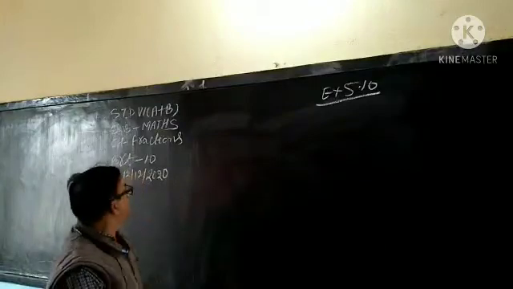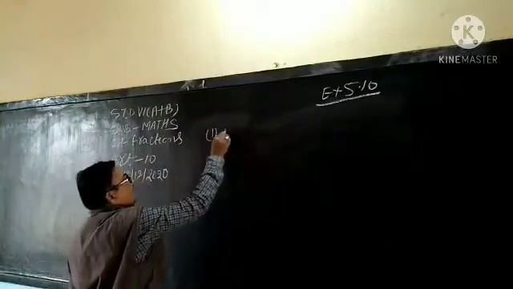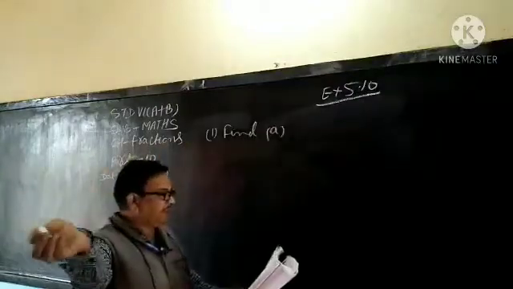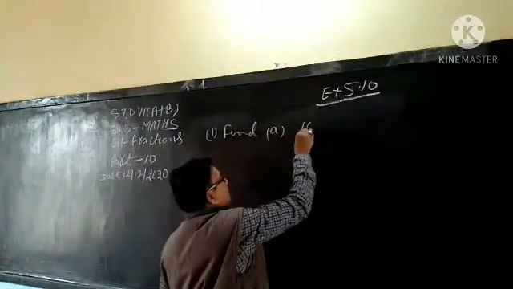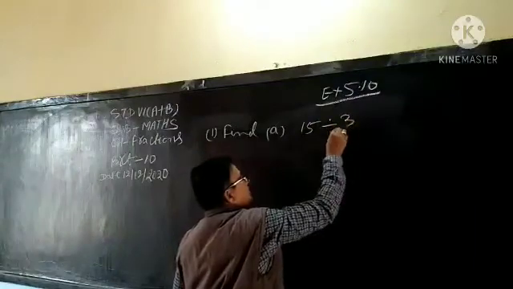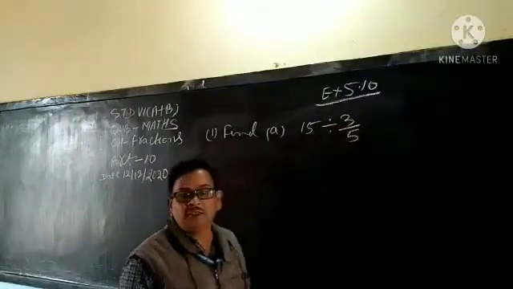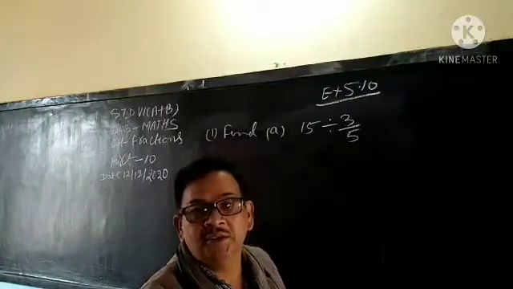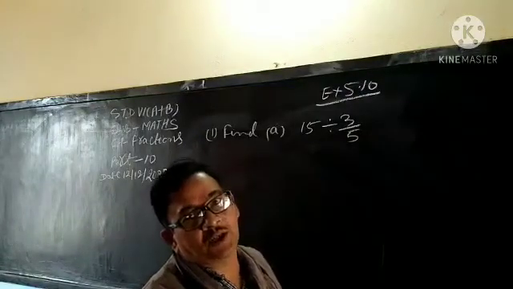First question: find A. 15 divided by 3 by 5. My dear student, how can you solve? You have studied that division will change into its reciprocal.